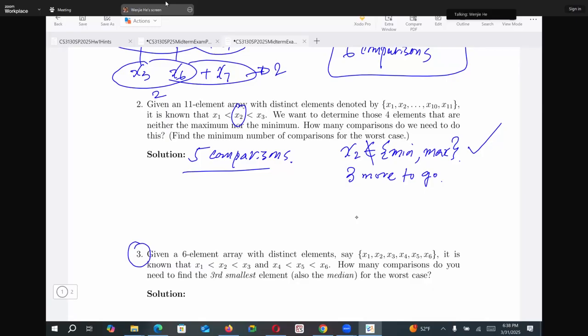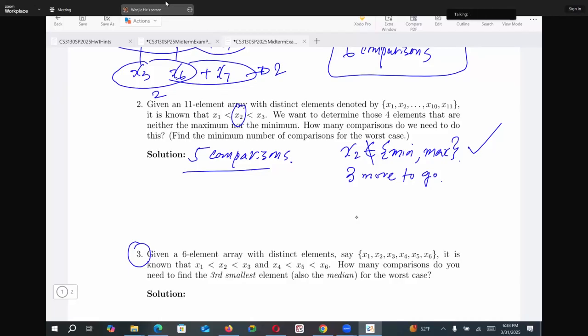Let me tell you how. 3 more to go. Your answer needs 3 elements that are not maximum or minimum, then you add 1 local maximum and 1 local minimum, to get 5 elements.